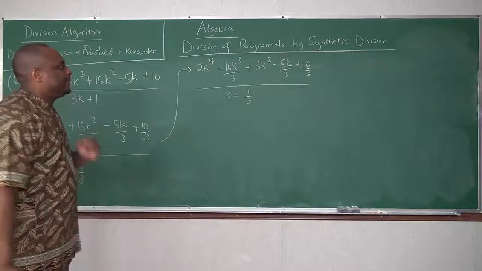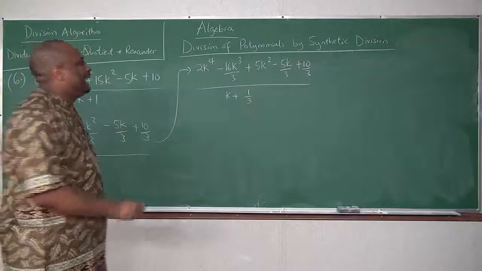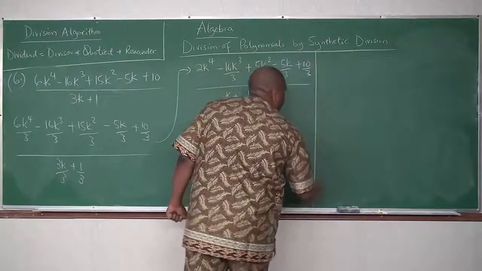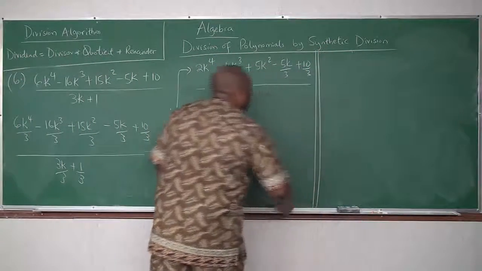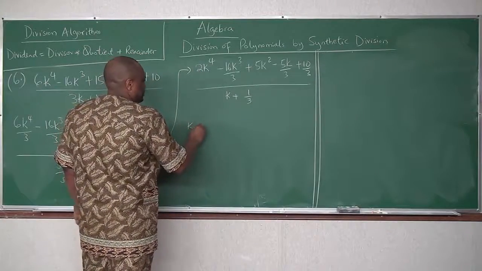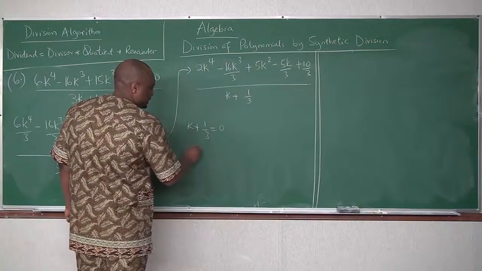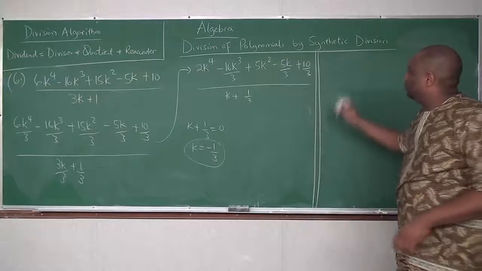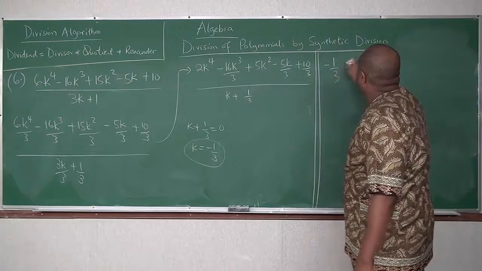Okay. So we set k plus 1 over 3 to be 0. So k is negative 1 over 3.